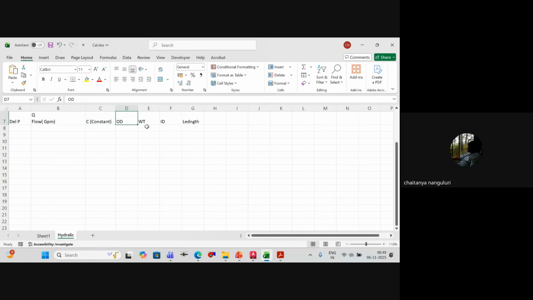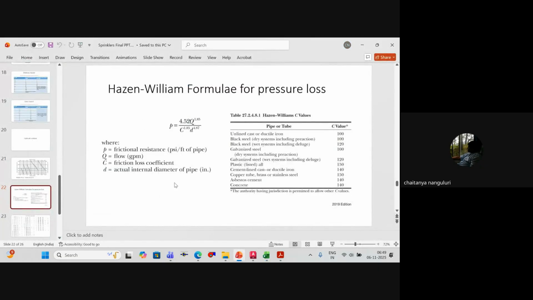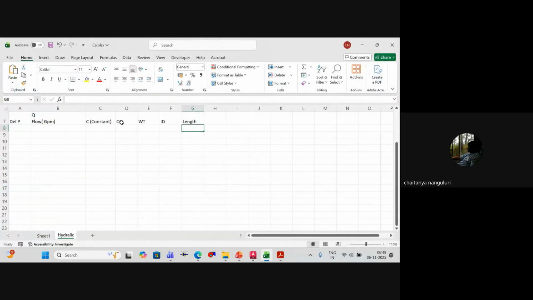OD is your outer diameter, wall thickness, ID, and then we have got length. So here the units are important. The diameter is in inches. So what we'll do is we'll write it in mm, and then we can convert into inches later on. In millimeter, I'll just divide the value by 25.4, and I'll get it in inches.